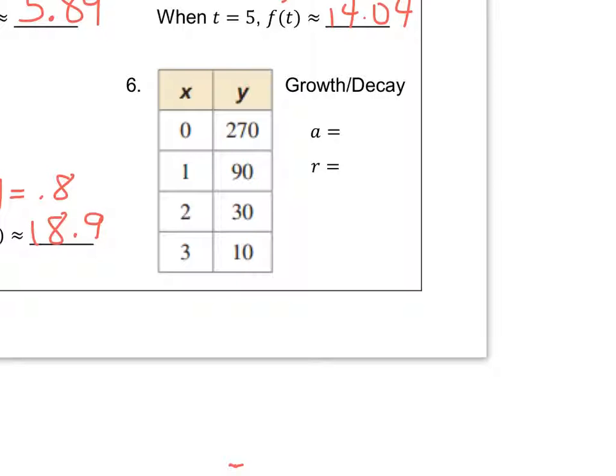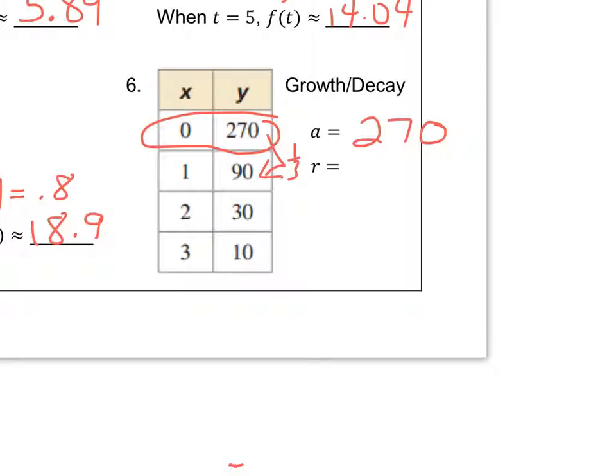If we do it that way, the calculator confirms what we already know: our y-intercept, our initial starting amount, is 270. And then it tells us that our common ratio, or how much we're going down by, is 0.33, or 1/3. So this thing is going down by 1/3 each time, or 0.33.